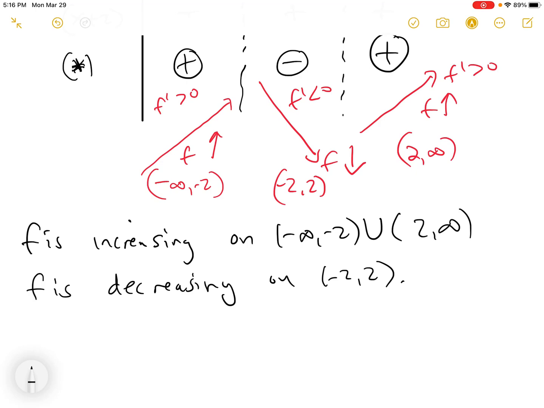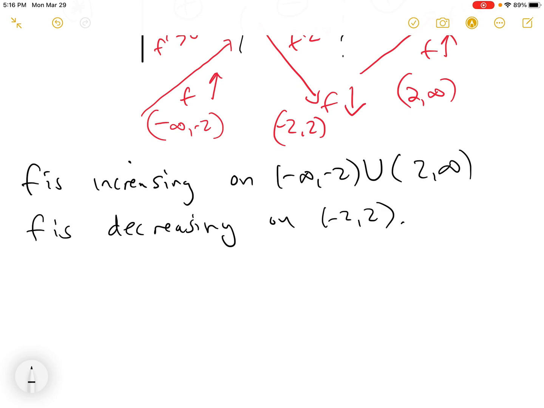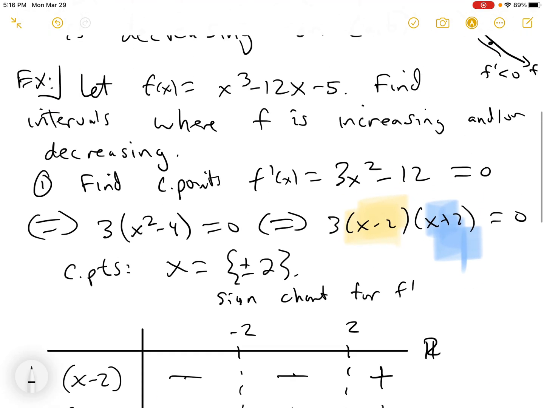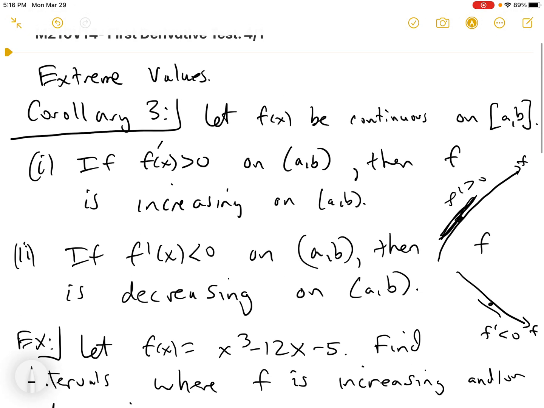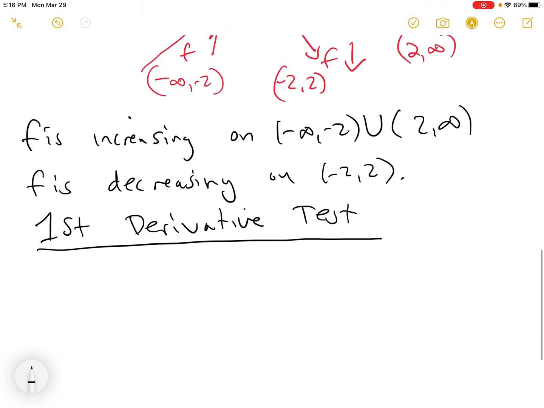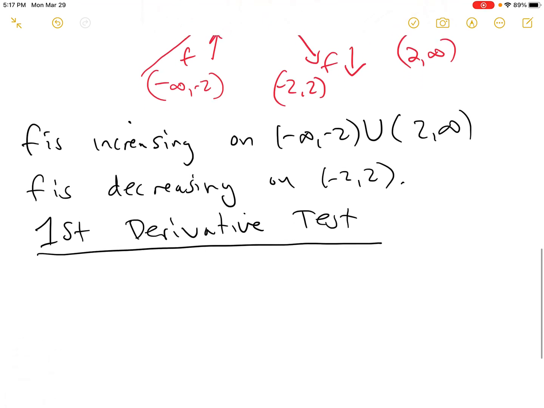Okay, so this sets us up for the first derivative test, which is a consequence of this corollary. Okay, and again, same assumption as the corollary. Let f be continuous on AB. So this is part 1.